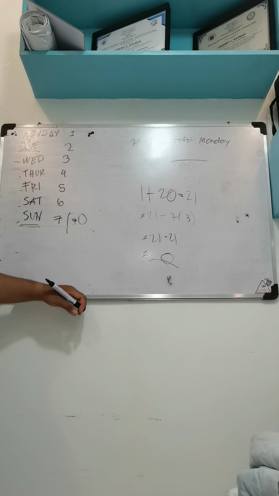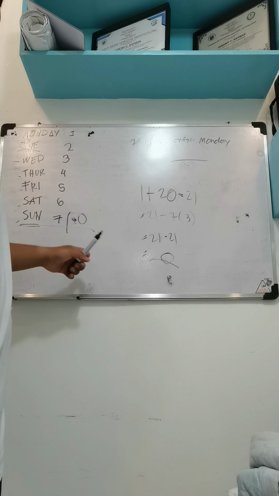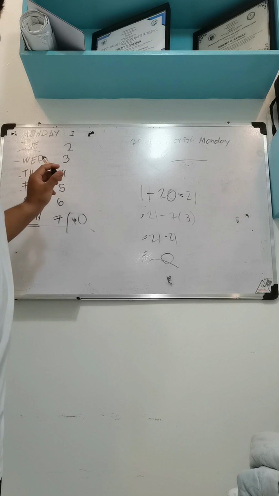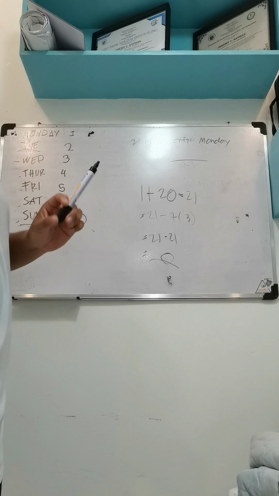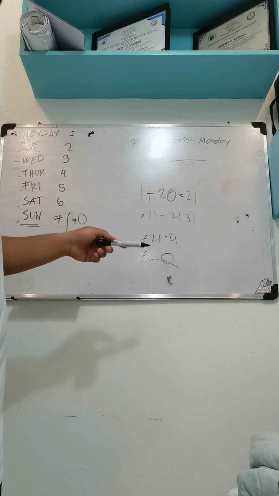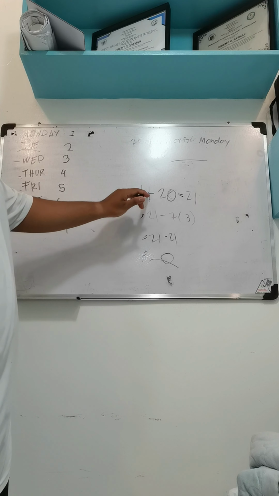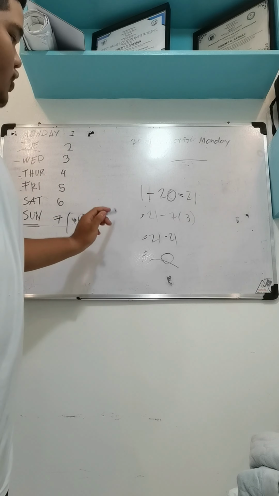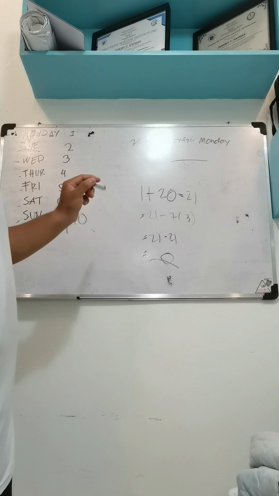So if you are given a problem that is too long, or the days are already too big, and it is much more time consuming to count 1, 2, 3, 4, 5, or Monday, Tuesday, Wednesday, Thursday, Friday, you can use this one, guys. So 20 days after Monday: 20 days plus 1 is equal to 21, then 21 minus 7.